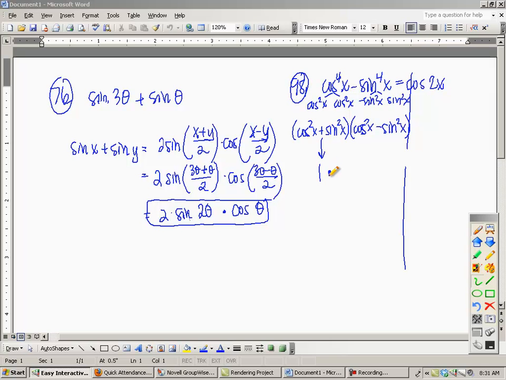Cosine squared minus sine squared is the double angle, so this is the cosine of 2x. So 1 times the cosine of 2x is the cosine of 2x, which equals, we drop this down, the cosine of 2x.